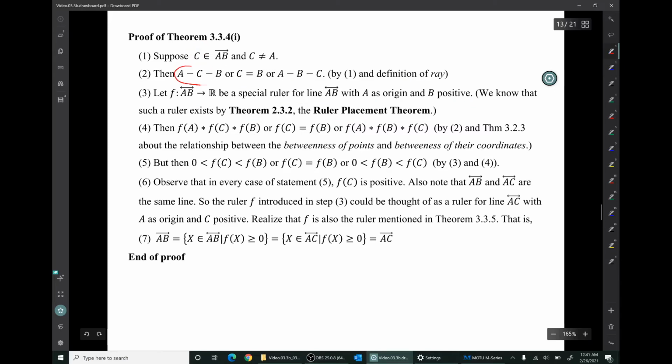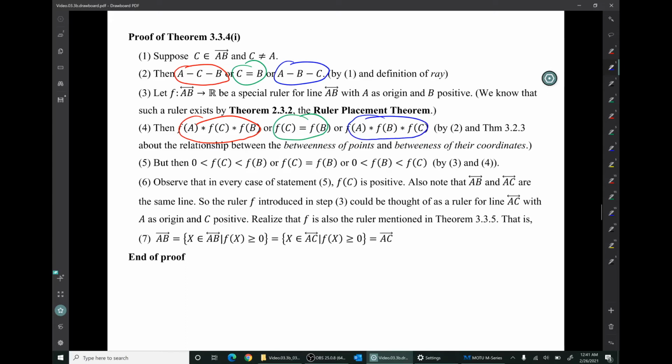Now, since that betweenness relationship, or this equality, or this betweenness relationship is true for the points, we know that either that betweenness relationship, or this equality, or this betweenness relationship is true for the numbers that are the coordinates of those points.